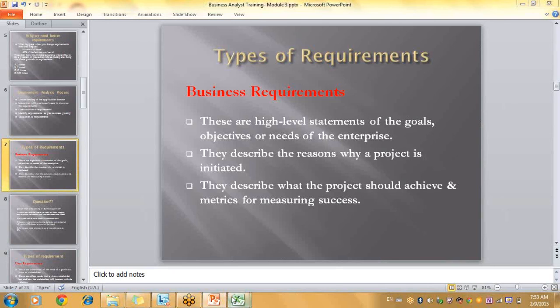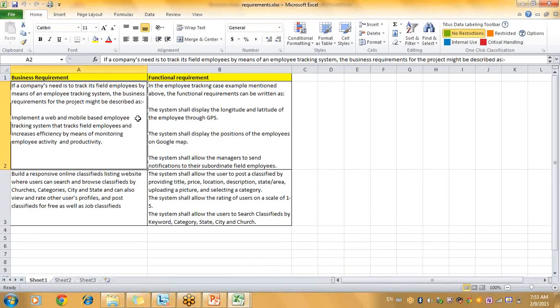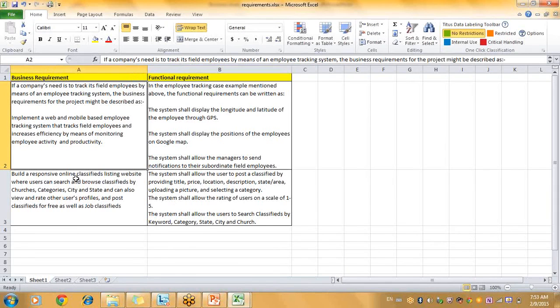So let me give you an example of a business requirement. If you can see my screen, the company needs to track its field employees by means of an employee tracking system.